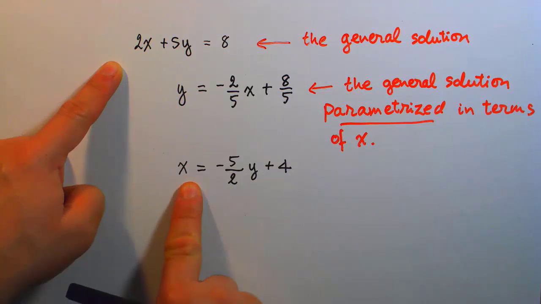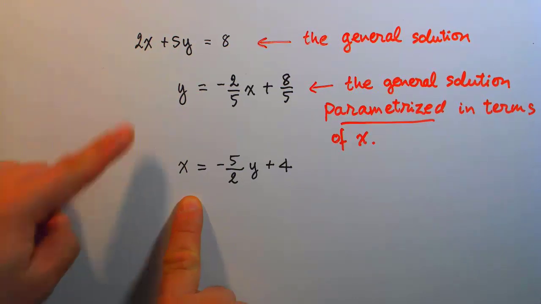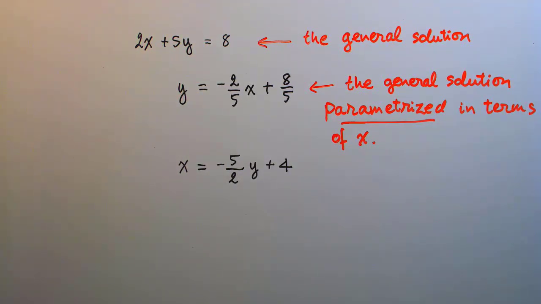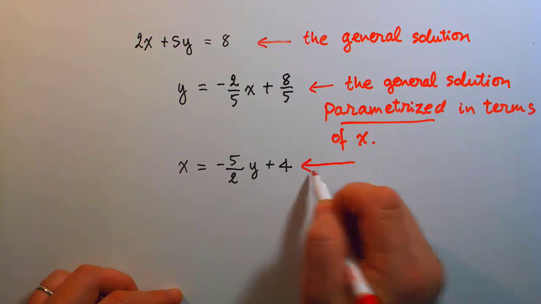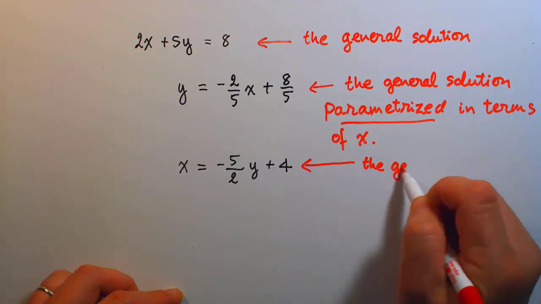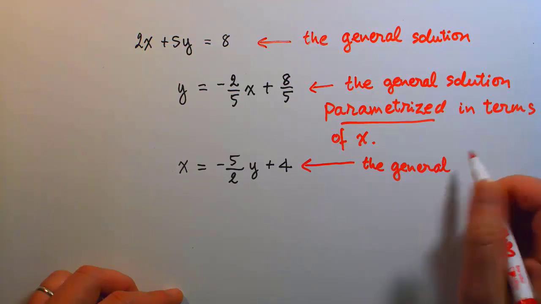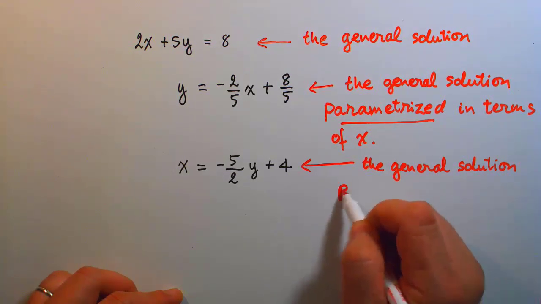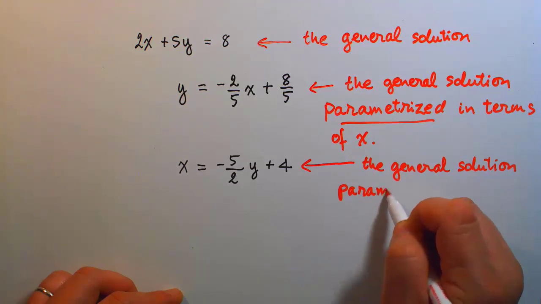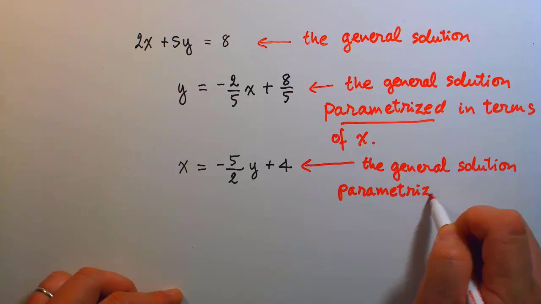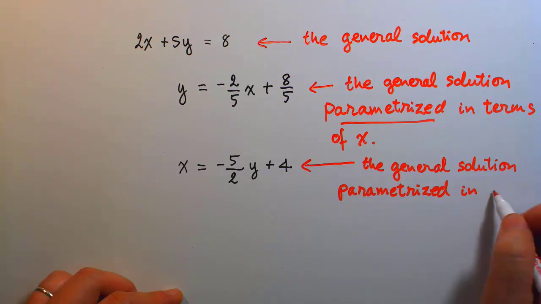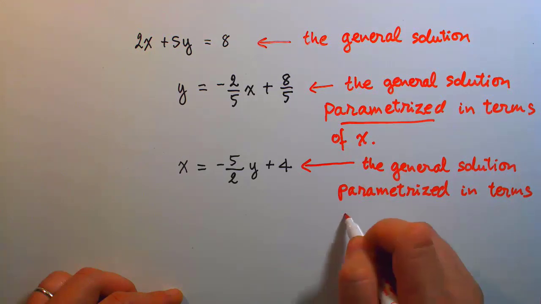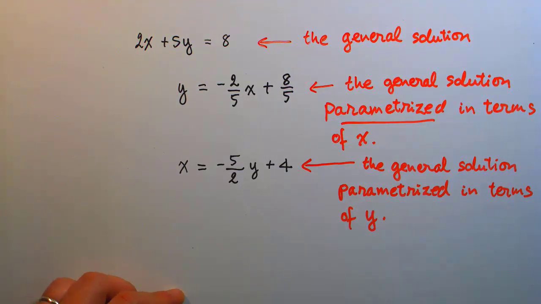This is another way of writing the general solution of the dependent system, and this time it's parameterized in terms of y, meaning we're letting the y variable be the independent one.